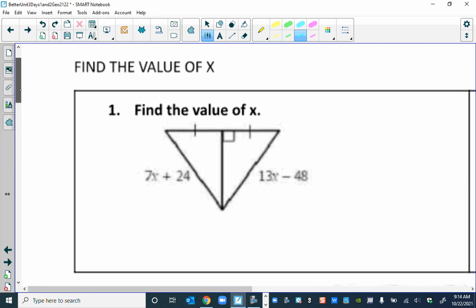So for this problem one, there's your bisector, right down the middle. What do we know about the relationship of these two sides? That's your bisector going right down the middle. Think about a mirror. What can we say the relationship of these two sides will be?